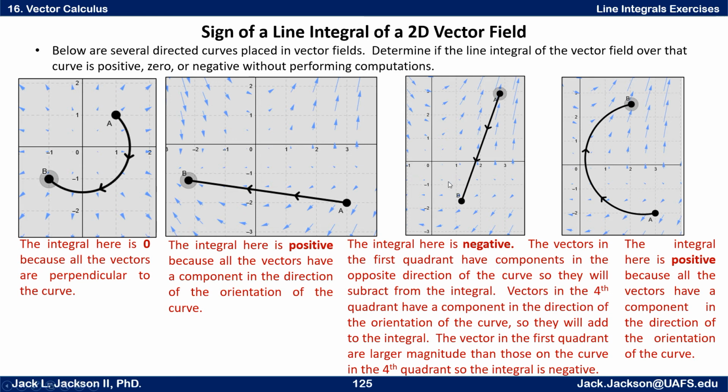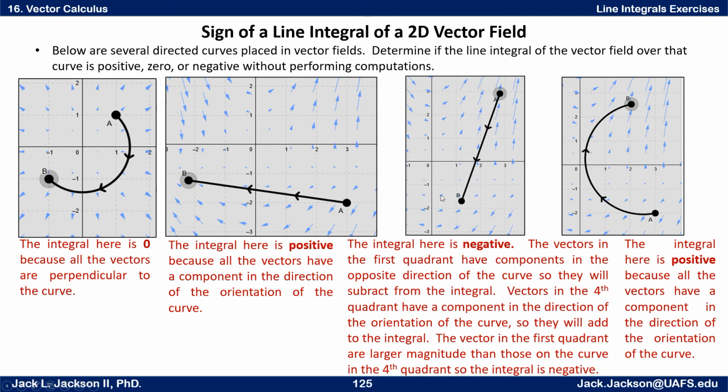Now this one here is a little harder to see because what's happening is different in different quadrants. In the bottom quadrant, quadrant 4 here, these vectors are pointing down and to the left, as is the curve.